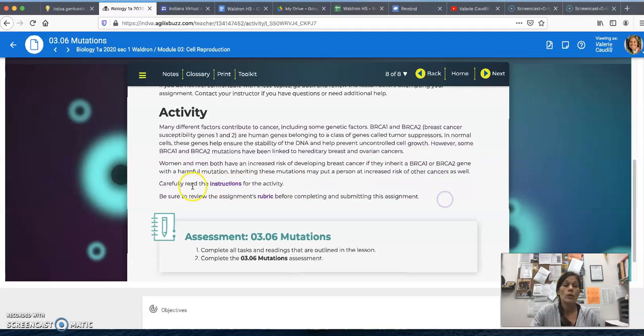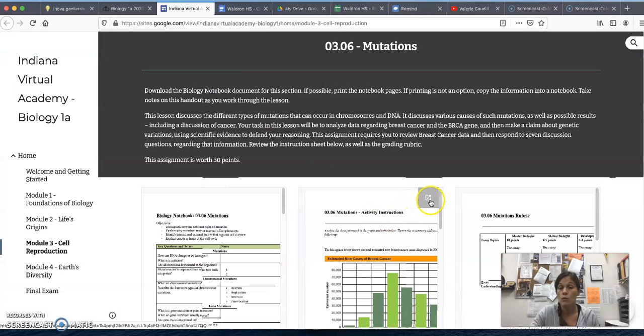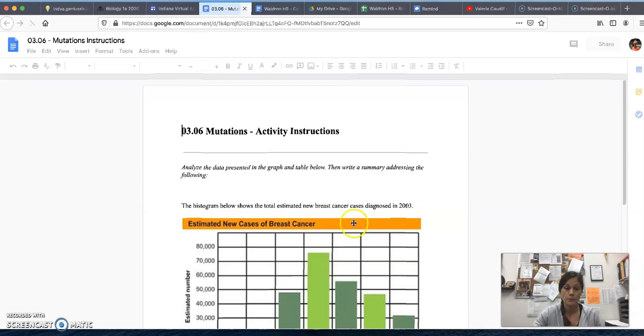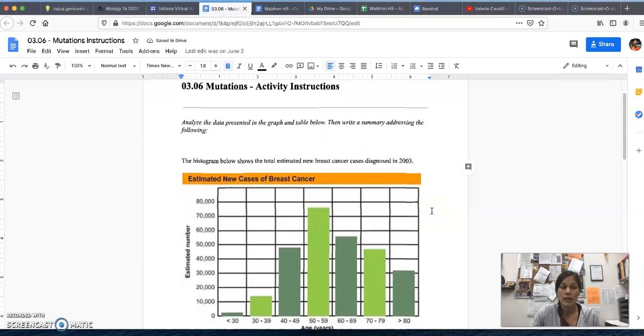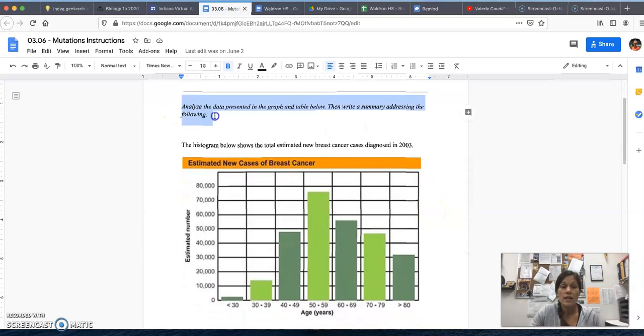Inheriting these mutations may put a person at increased risk of other cancers as well. Next it says, carefully read the instructions for the activity and be sure to review the assignment's rubric before completing and submitting the assignment. Rather than opening the instructions here, which you can do if you like, I'm just going to open them over on our Google site. Our activity instructions say, analyze the data presented in the graph and table below, then write a summary addressing the following.